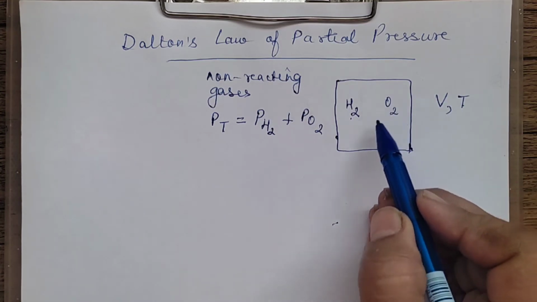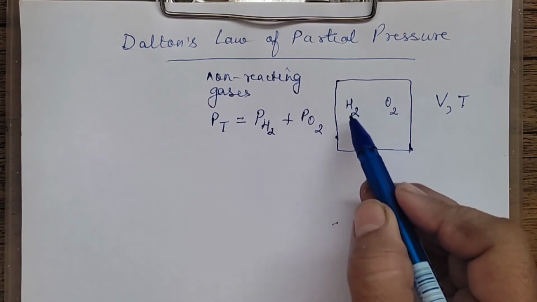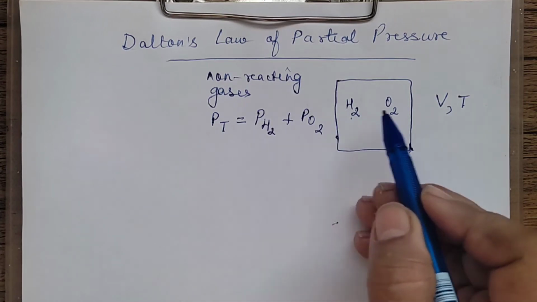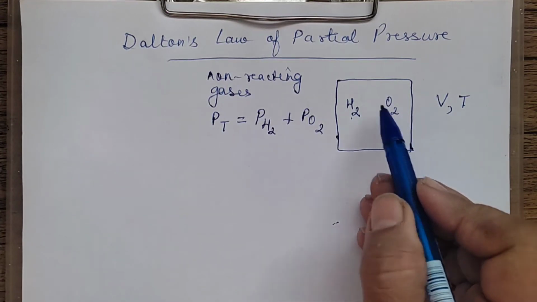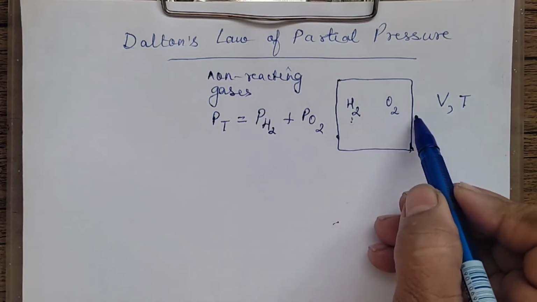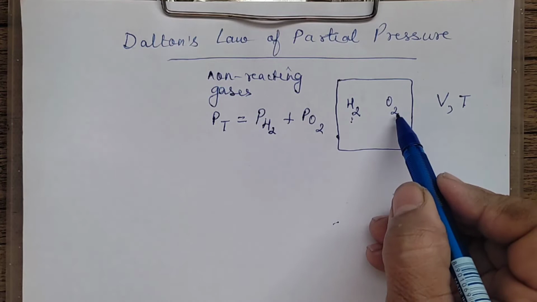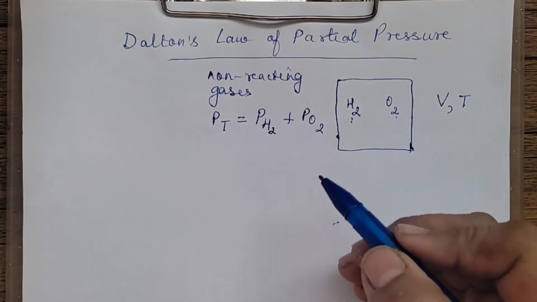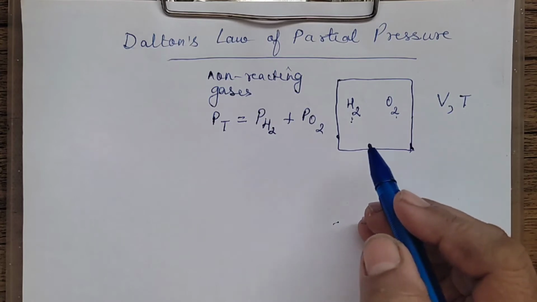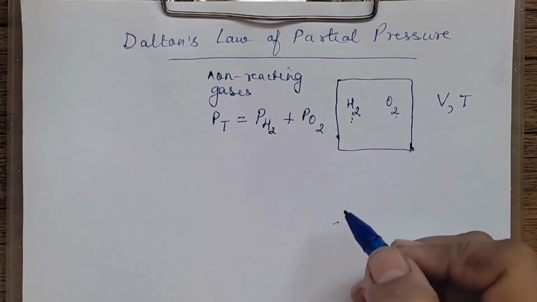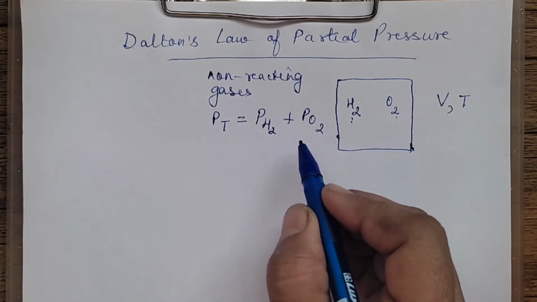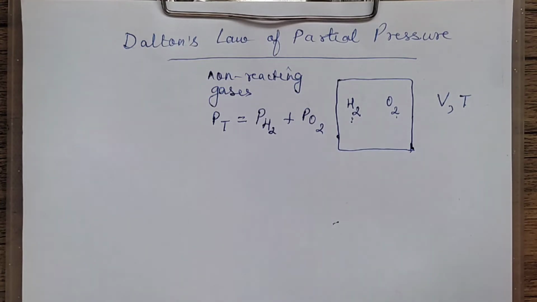Whatever pressure is exerted by hydrogen, plus, when we talk about oxygen, we ignore hydrogen. Oxygen behaves as if hydrogen is not in the container, alone in the whole container, occupying the whole volume. So the sum of the partial pressures of both gases is equal to the total pressure.